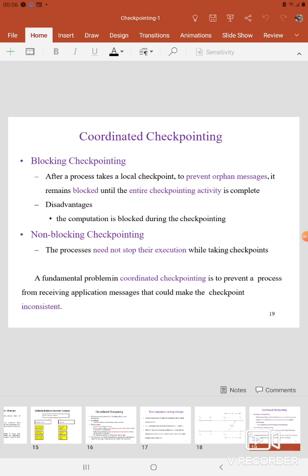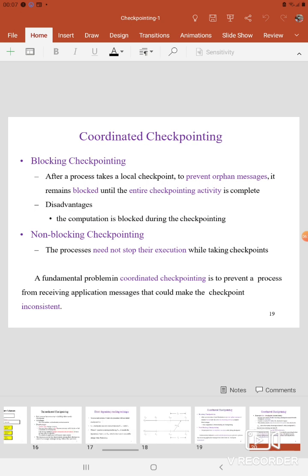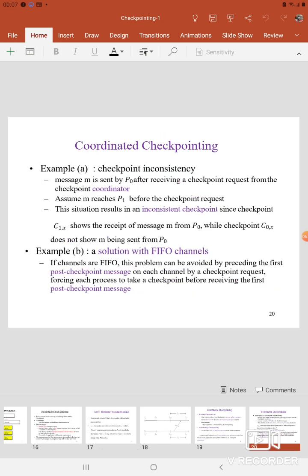The main problem with coordinated checkpointing is that we have to make sure the processes do not lead to any checkpoint inconsistency. So checkpoint inconsistency is the major problem in coordinated checkpointing. So what is a checkpoint inconsistency?